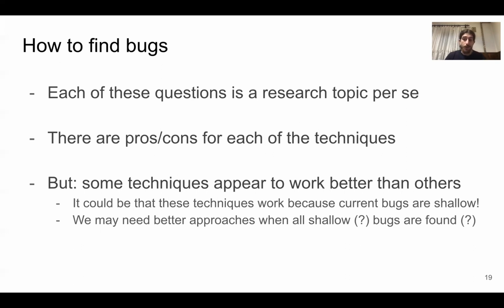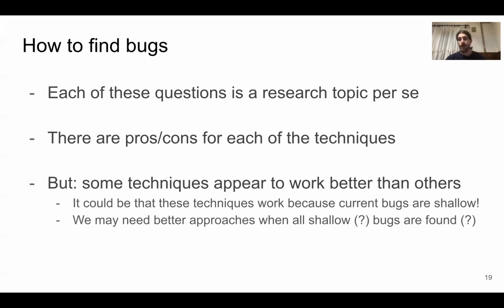And this actually works. But can it be that it works because the bugs we are finding are very shallow, and once we found all the shallow bugs, this fuzzing technique doesn't work anymore? Well, yes, it could be. The fuzzing principle of sending something random still kind of works, but applying it blindly as it was done 20 years ago doesn't work anymore.